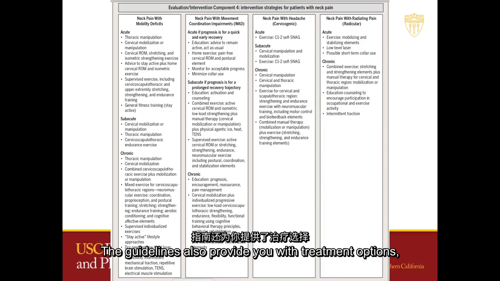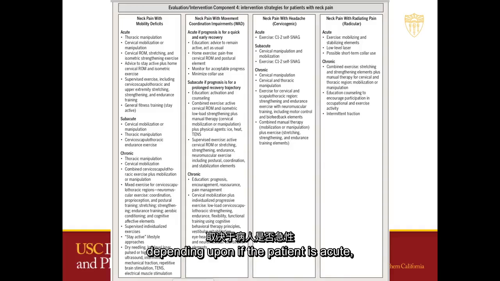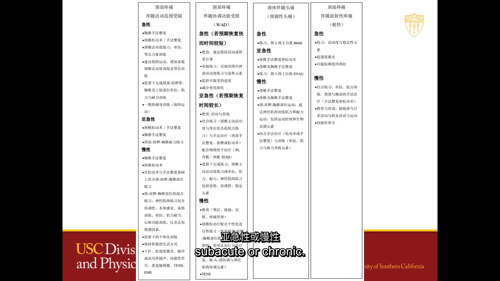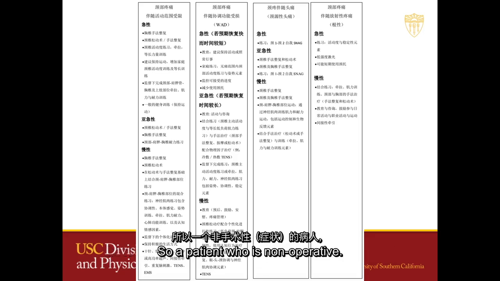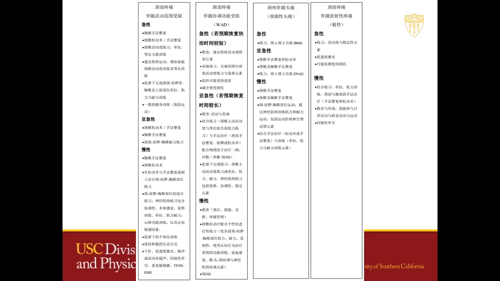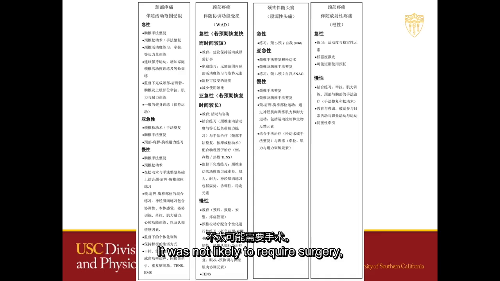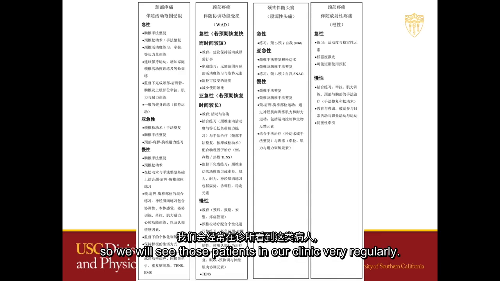The guidelines also provide you with treatment options depending upon if the patient is acute, subacute, or chronic. And so again, these are treatment options for a conservative patient, so a patient who is non-operative, who is not likely to require surgery. So we will see those patients in our clinic very regularly.